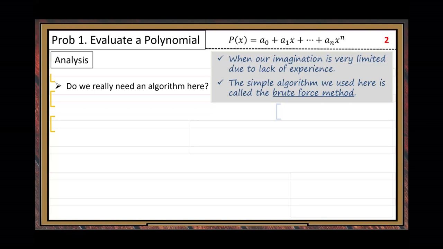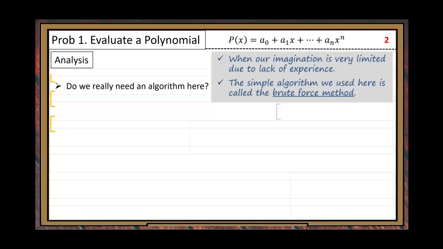Now here, it is the first time we see this terminology. When we solve a problem without using any particular technique, just using the trivial operations, without any special technique, we call it the brute force method.